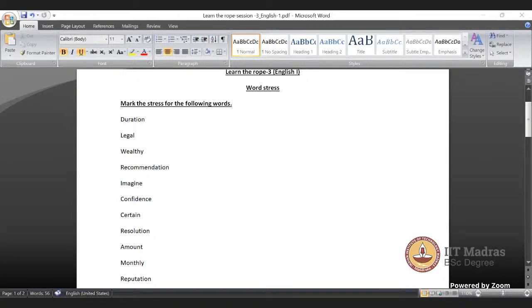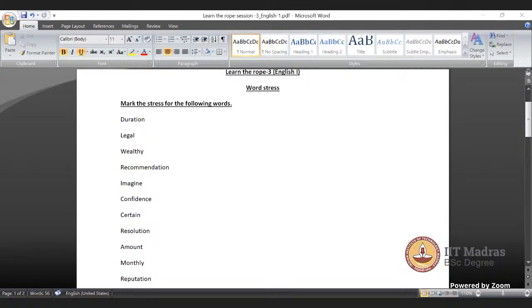And if it is an adjective, then the stress is going to be on the first syllable. That's a rule: adjectives, nouns, and adverbs take it on the first syllable. So certain is an adjective, it takes it on the first one.